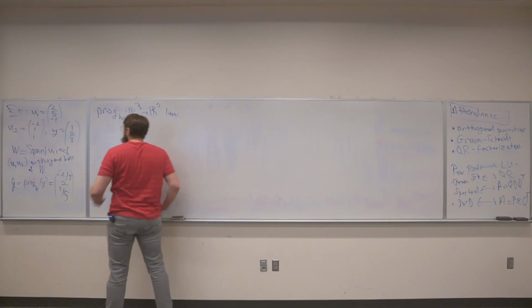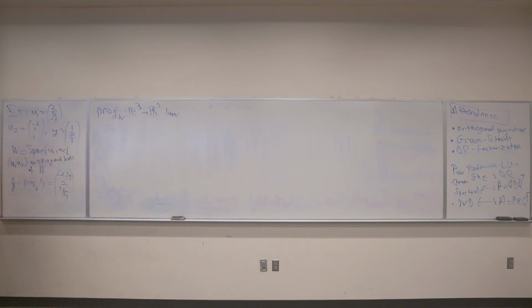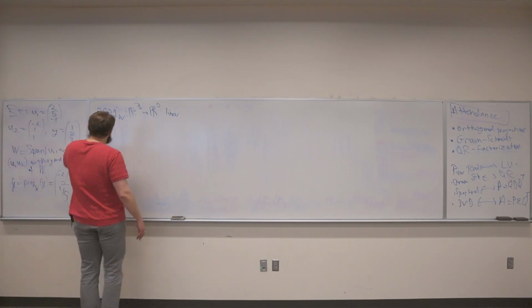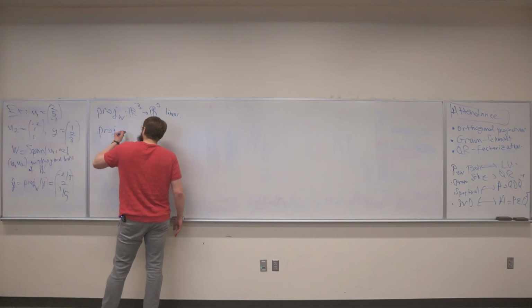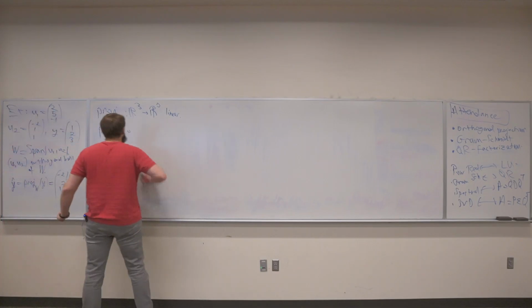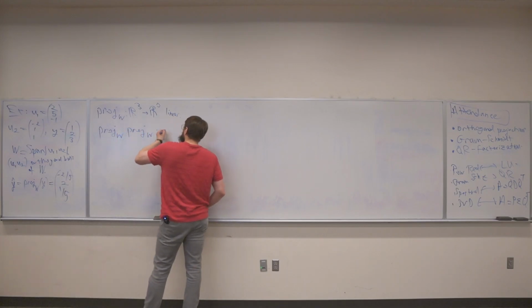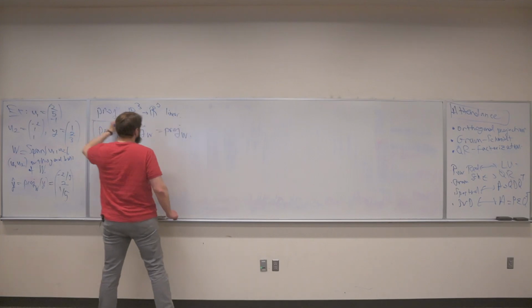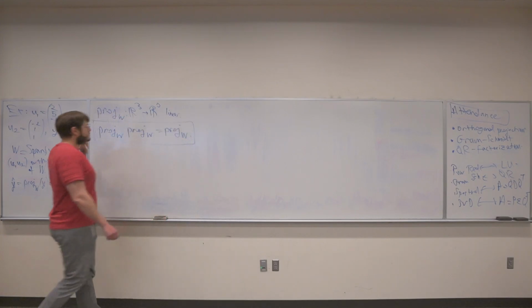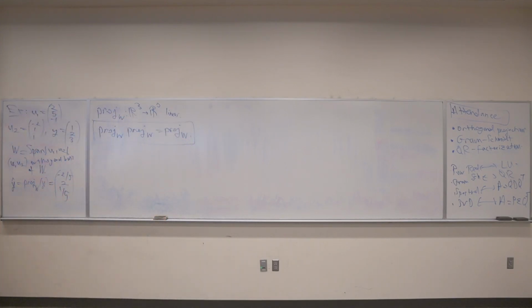And certainly it must be the case that it's a projection, that is to say, proj of proj should be the same thing as proj. You see, this was the idempotence relationship. Any projection has to satisfy this, orthogonal projection.